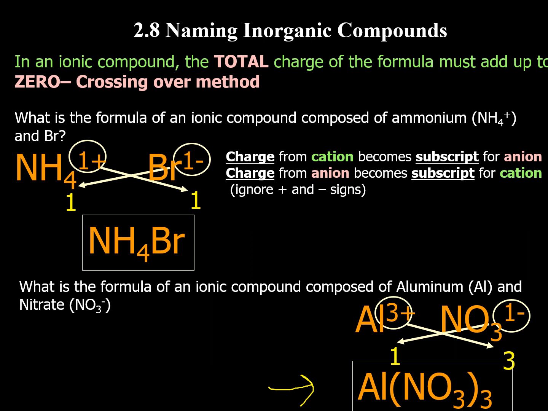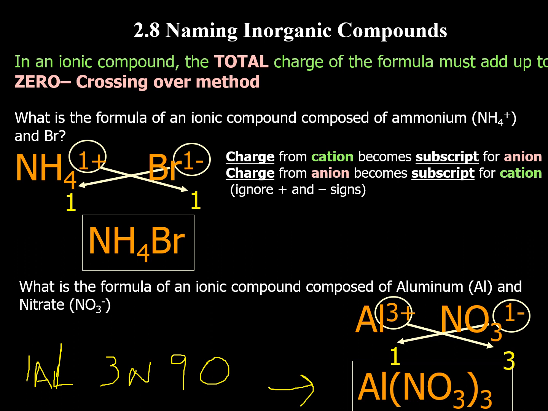And then often I ask my class, how many aluminums, how many nitrogens, how many oxygens are in this compound? It would be 1 aluminum here, sorry, this would be small l, 3 nitrogens, and 9 oxygens.